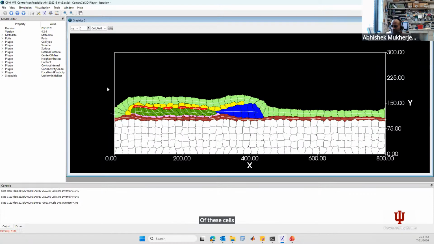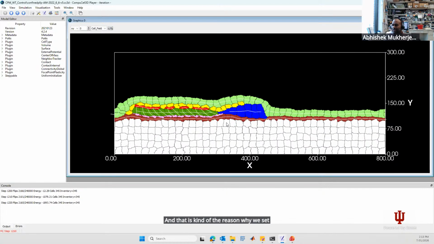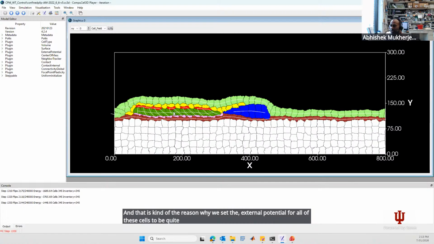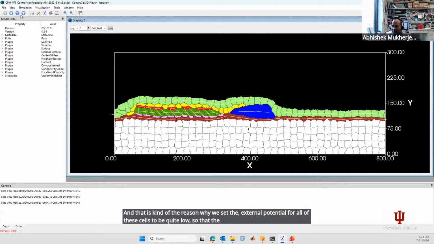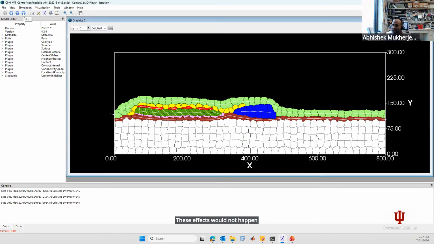That is kind of the reason why we set the external potential for all of these cells to be quite low, so that these effects would not happen and the cells would take their time to equilibrate and then migrate.